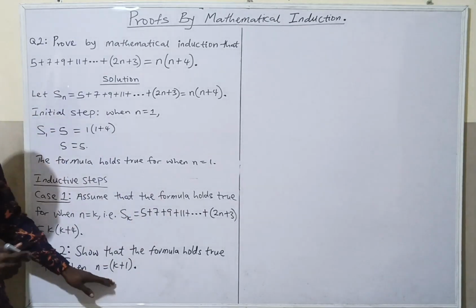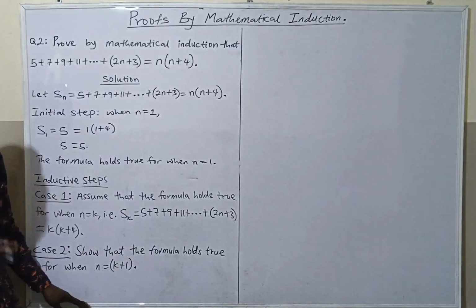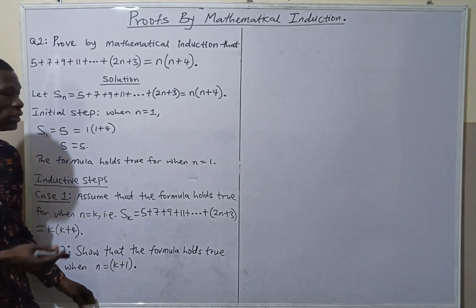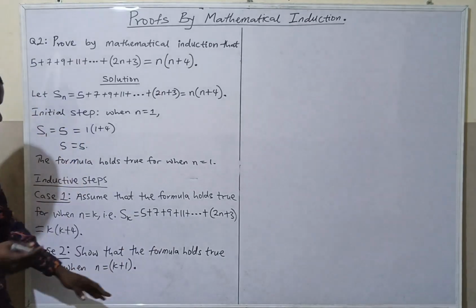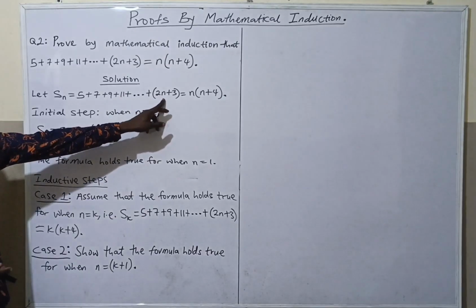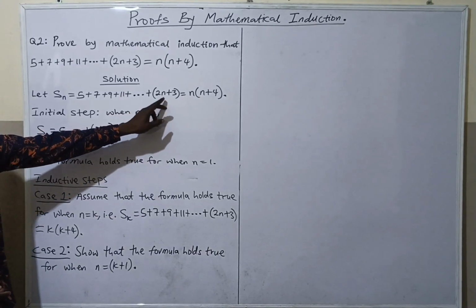Okay, now before we proceed to this particular one, find a place in your jotter and quickly try to evaluate for when n is equals to what, k plus 1 in this case.